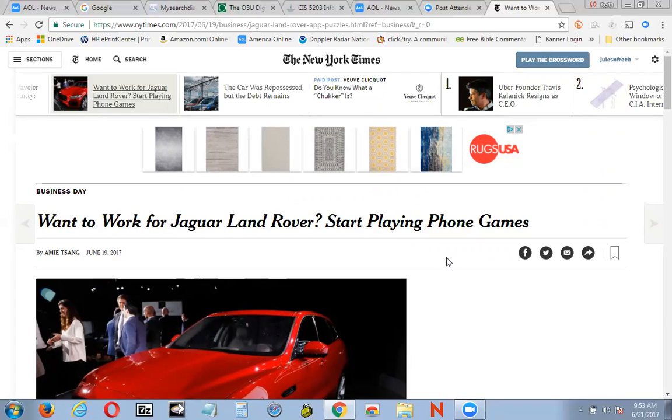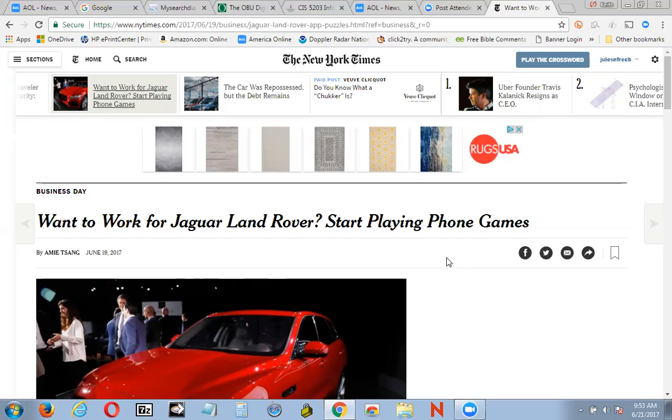If you can do that, you can be part of Facebook and all that kind of craziness. Well, interestingly, here's a very old company, Jaguar and Land Rover, of course the two firms have merged, using phone games as a way to look for talent.